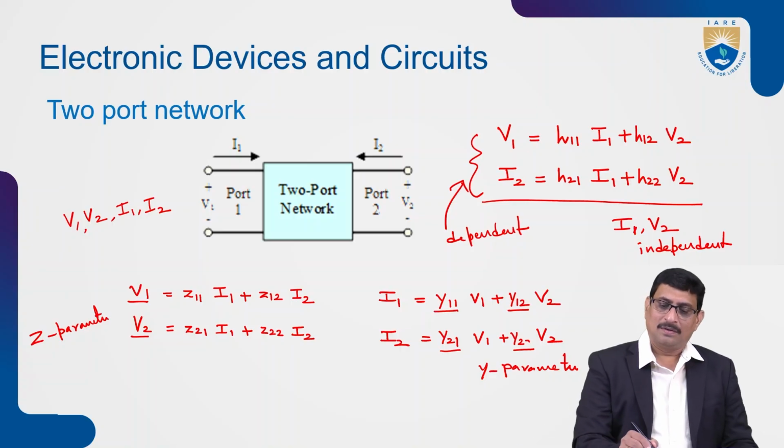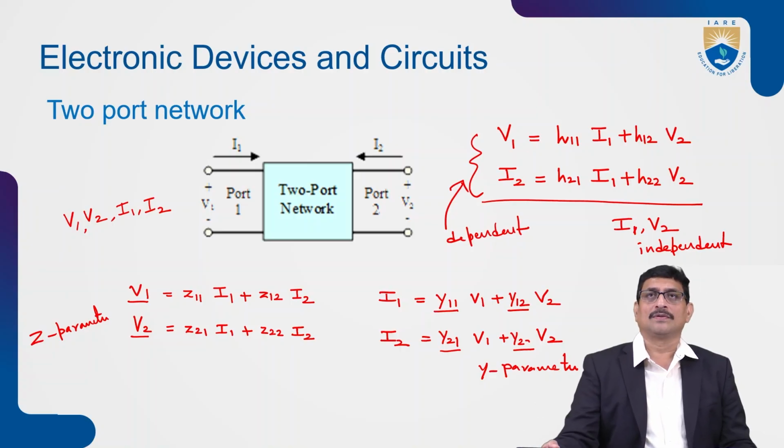Then this two-port network transistor could be modeled either by using Z parameters, Y parameters or H parameters, but because of its advantages we can model the transistor by using the H parameter model.